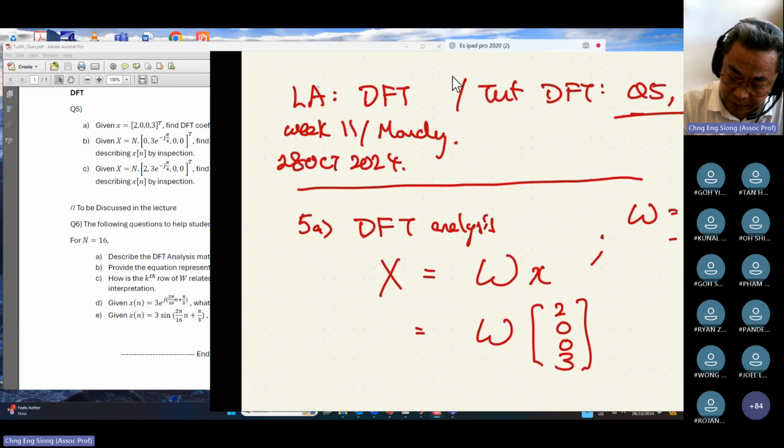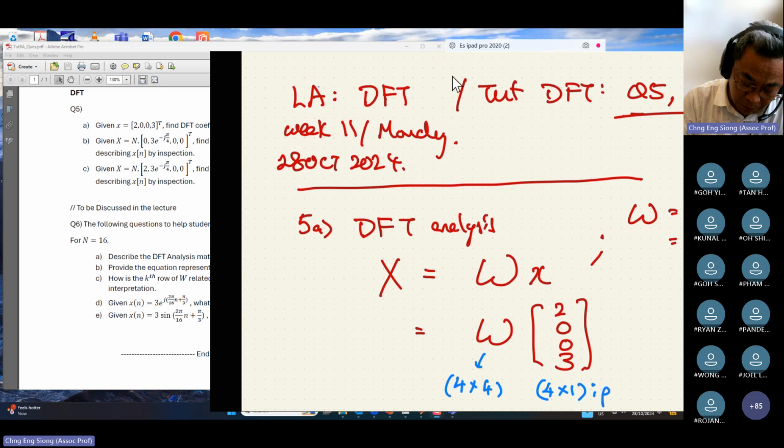W is the DFT matrix. Let's see the sizes first. Our input is 4 by 1. Our DFT matrix is 4 by 4. And therefore our output is 4 by 1.